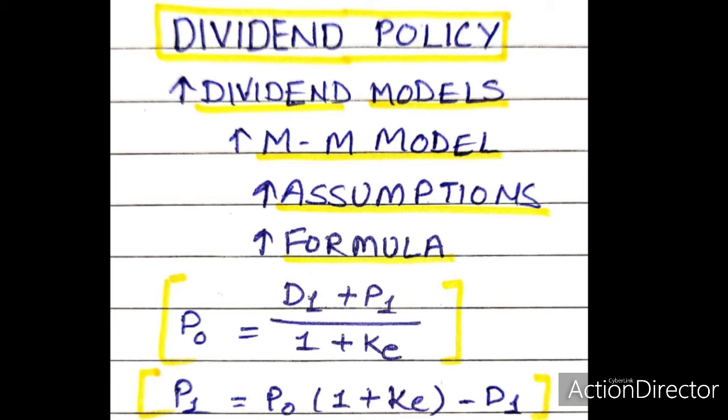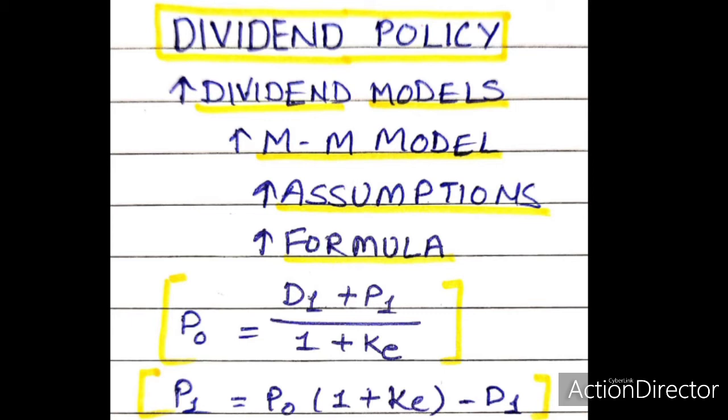Here n stands for number of shares outstanding at the beginning of the period. m stands for number of new shares to be issued at the end of the period. P1 stands for market price per share at the end of the period. I stands for total net profit or earnings of the firm during the period, and KE stands for cost of equity capital.